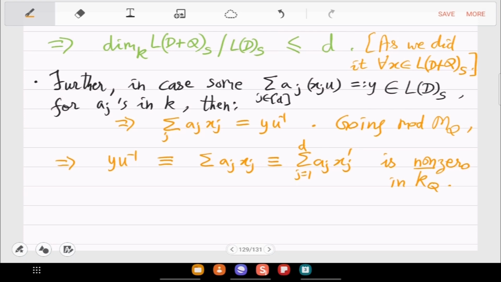It's a unit. I mean, it's a non-zero field element. How did this come? Summation aj xj is equal to aj xj prime. You know that VQ of xj and xj prime is greater than 1. Right? So that means that xj and xj prime are the same mod MQ.